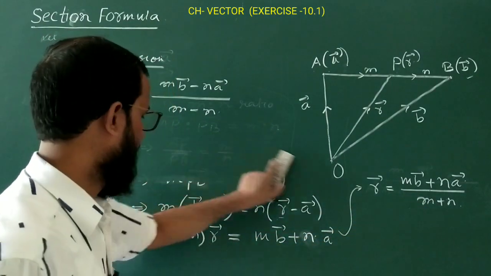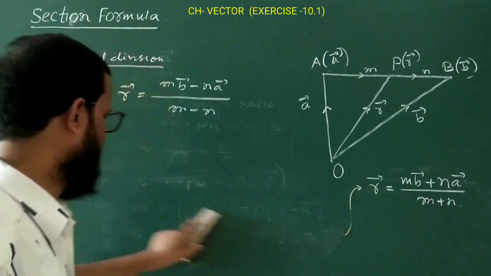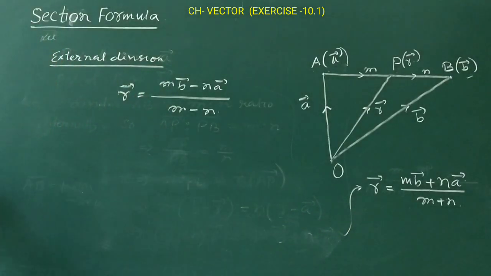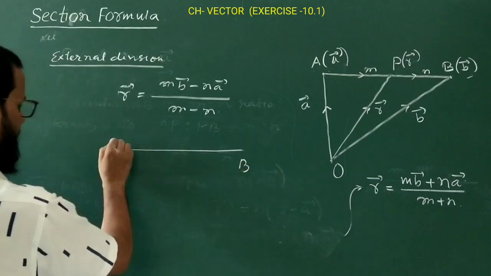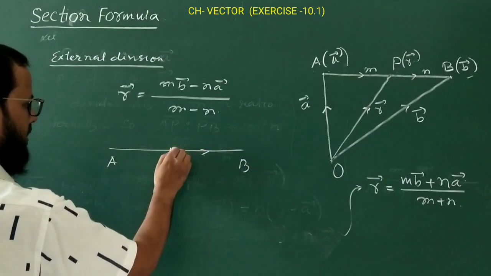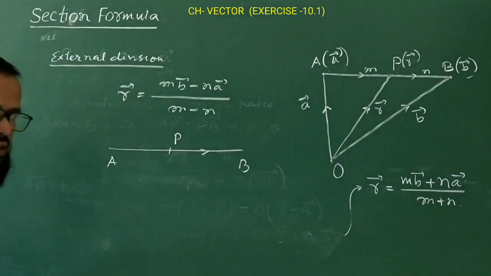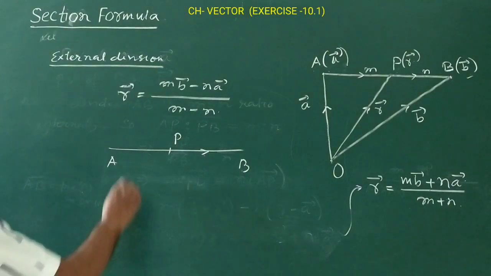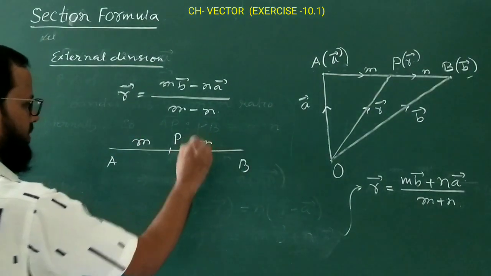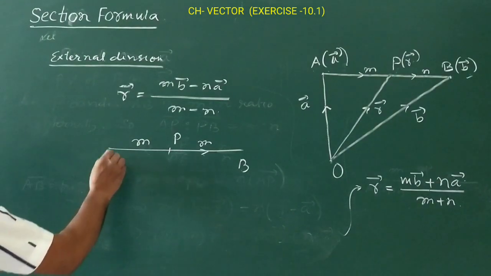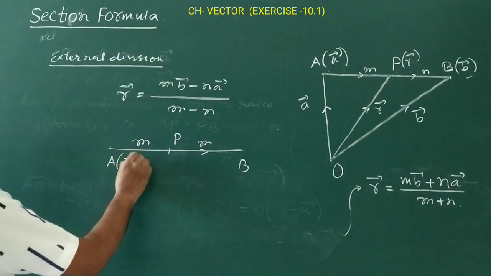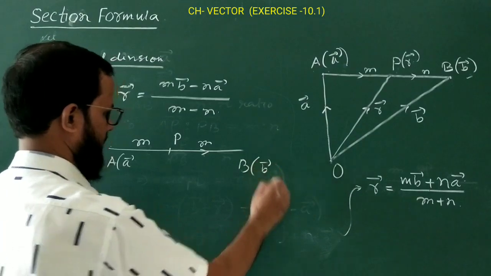And suppose that P is the midpoint, what happens? This is your AB vector, and it is divided by the point P in equal ratio, m is to m. If I say m is to m, that means P will be the midpoint. The position vector of this point is a, and the position vector of this point is b.